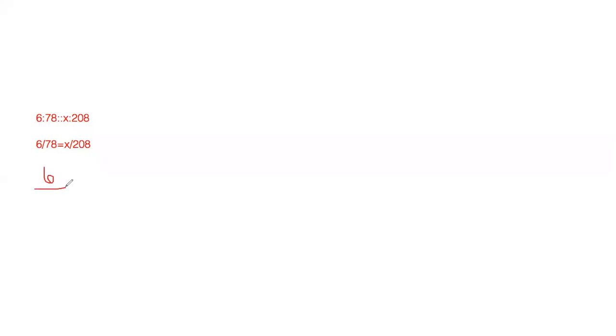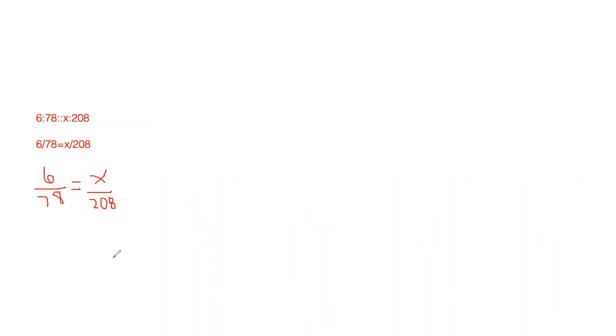Let's rewrite this for a better look. 6 over 78 equals x over 208. 78 times x. Right. So 6 times 208 will give us 1248.